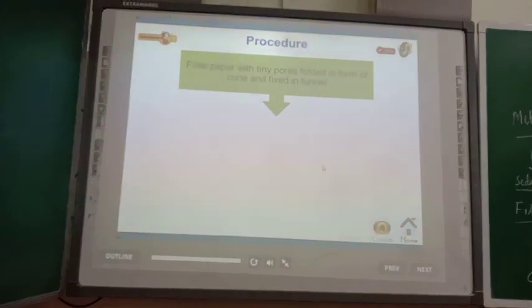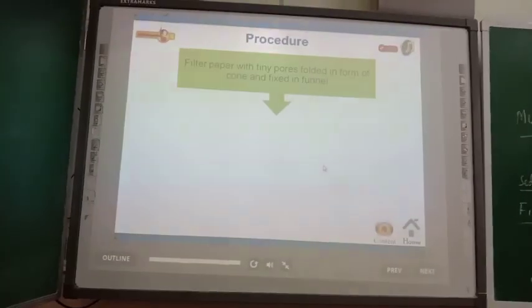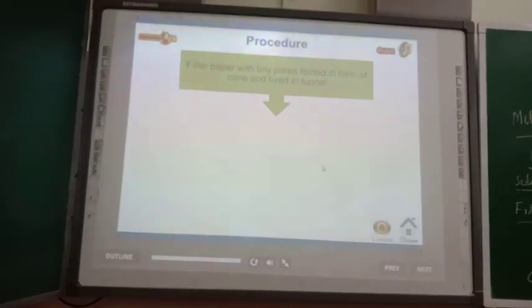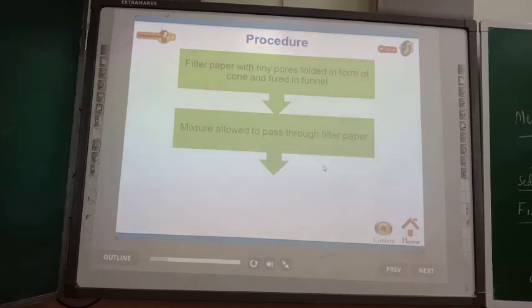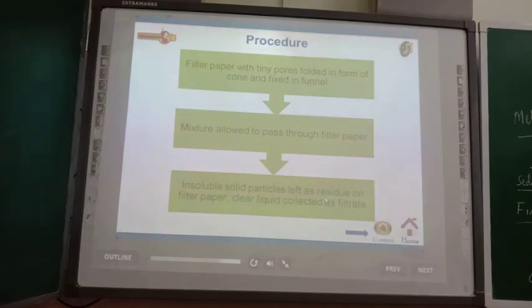To perform filtration, filter paper is molded in the form of cone and fixed in funnel. Mixture is poured slowly into the cone and allowed to pass through the filter paper. After filtration, insoluble solid particles are left as a residue on the filter paper, and clear liquid is collected as filtrate.